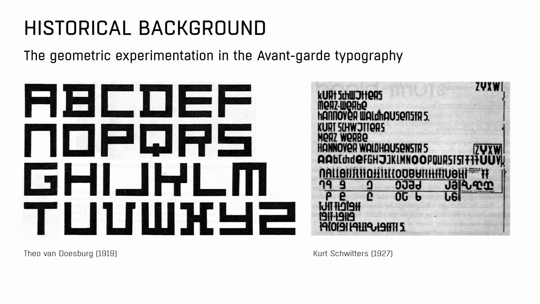Several experiments question the graphic representation of language, and a universal alphabet is searched for any language that is more suited to speech. Kurt Schwitters designed a monocase alphabet linking stroke and thickness to pronunciation and intonation.